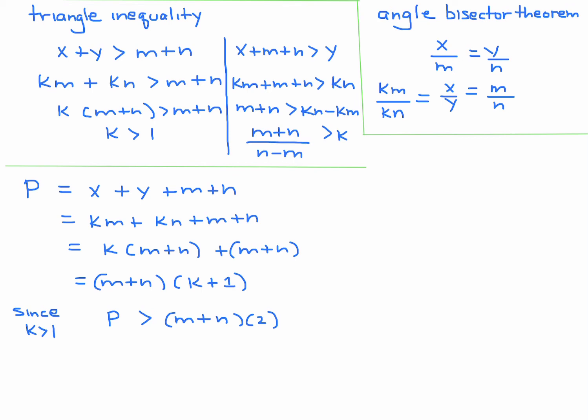So therefore the perimeter has got to be greater than 2 times m plus n. Also, another thing that we know is that p is an integer. So since p is an integer, p has to be at least this plus 1, so greater than or equal to this plus 1.